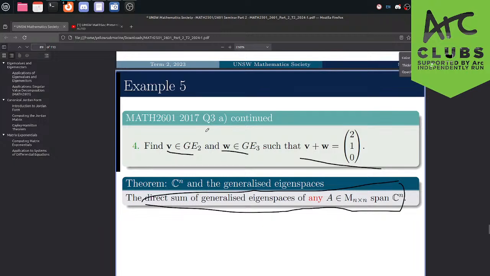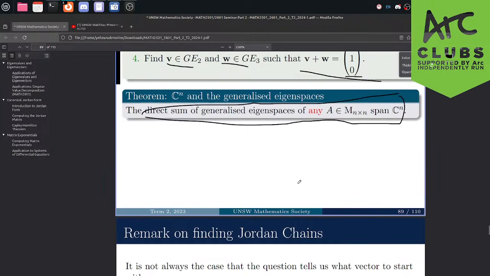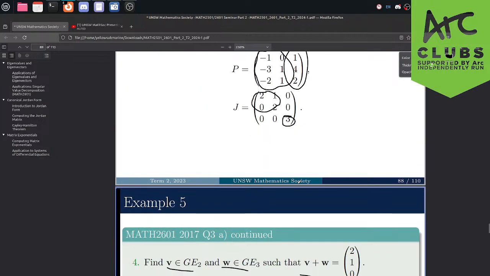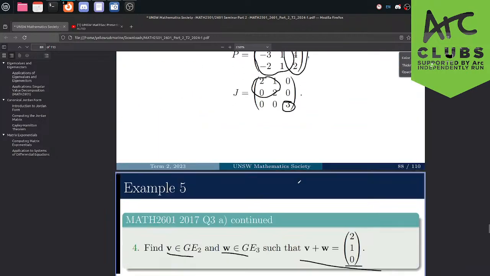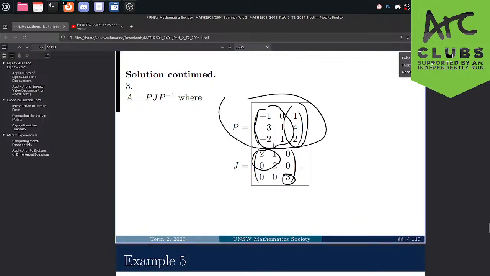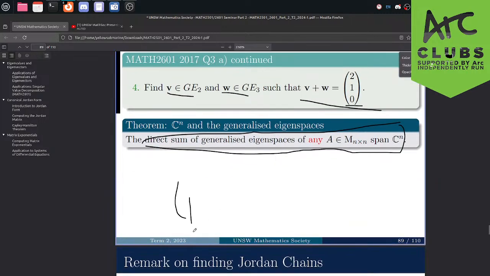So that means you can just take combinations of linearly independent generalized eigenvectors and get any vector you want. The way you do this, I'll briefly explain: you take this matrix P, which literally represents your set of linearly independent generalized eigenvectors, and you solve when this is equal to 2, 1, 0.